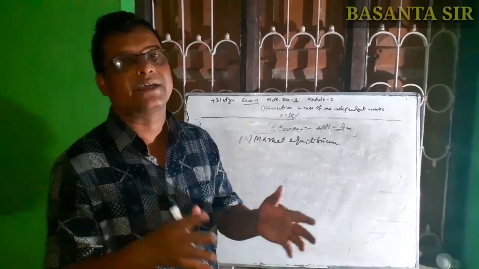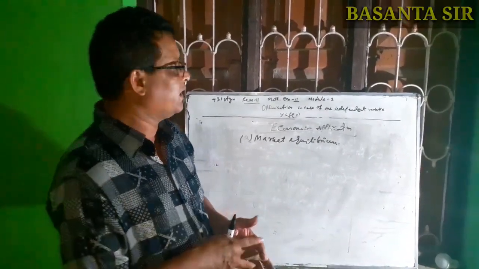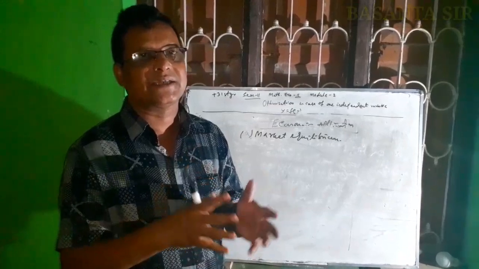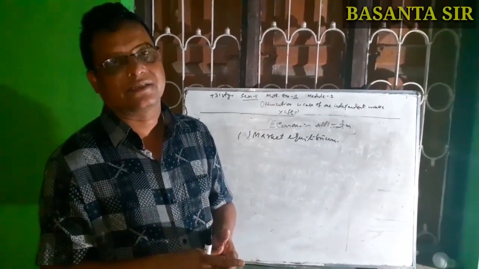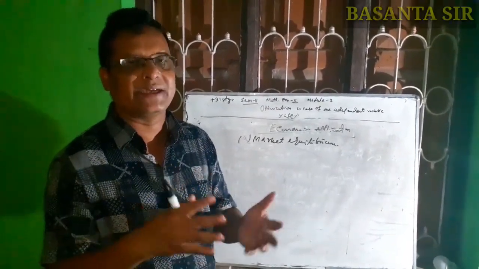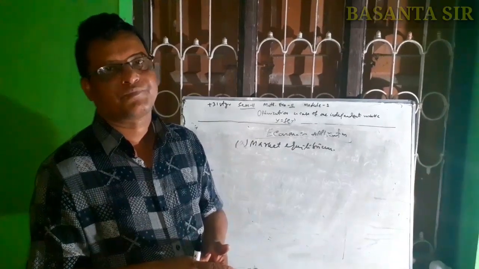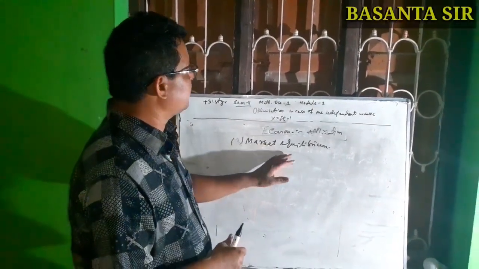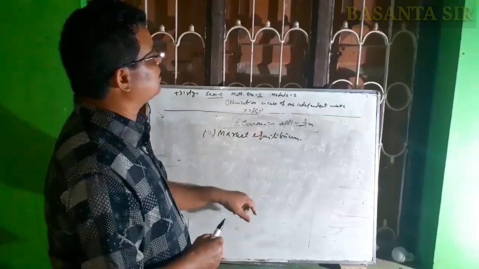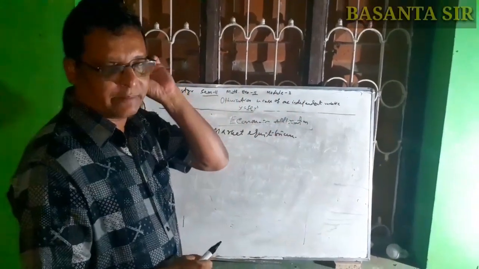And your second unit will be completed on derivative. We have another part in the second unit, that is integration, and I have completed it in your class. Thank you. In the next class we will continue economic application, optimization in case of one independent variable.